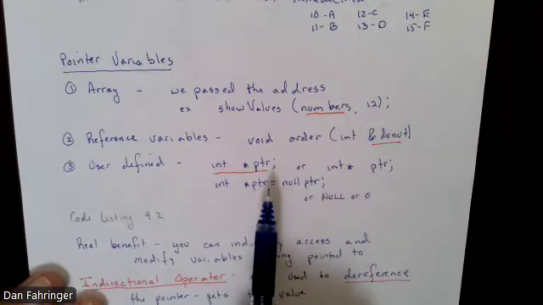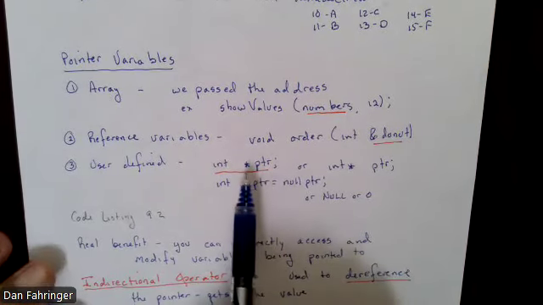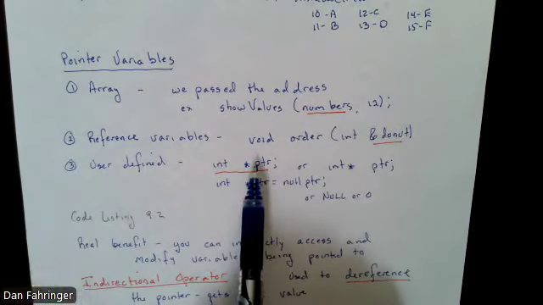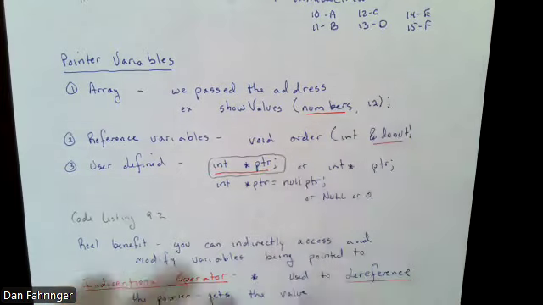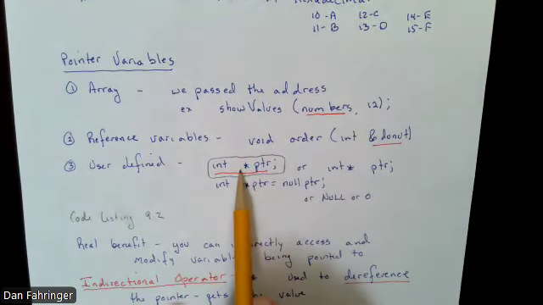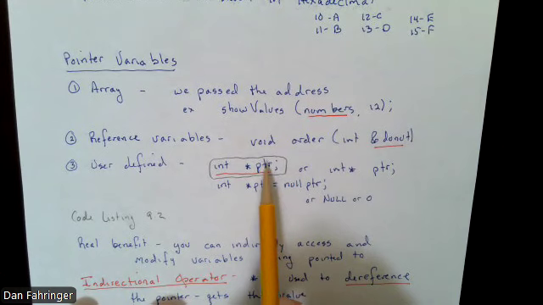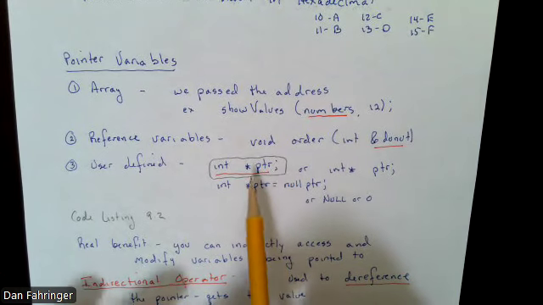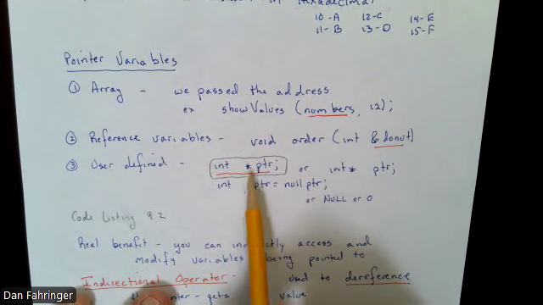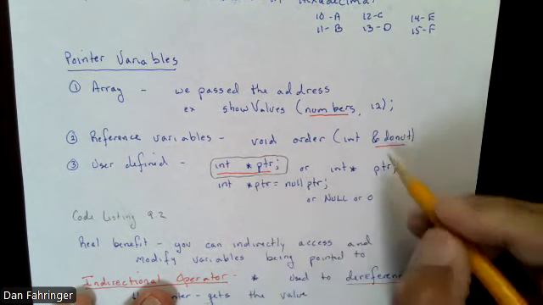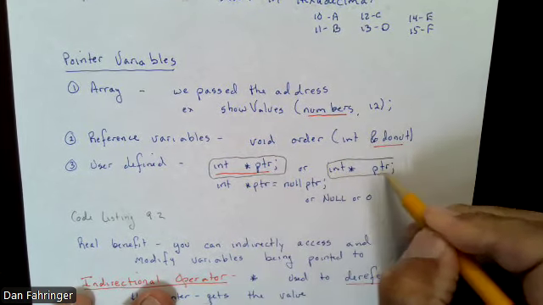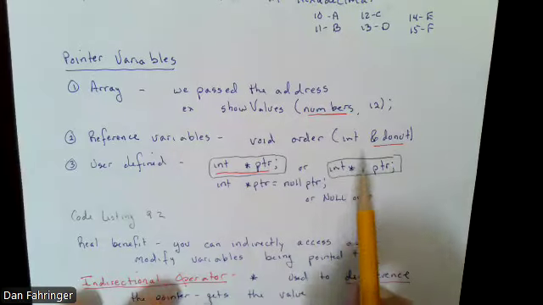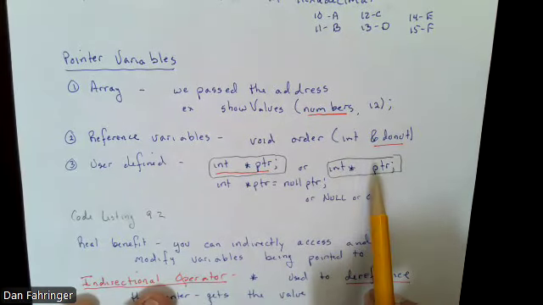So we can create it one of two ways. The first way is the preferred way, and that is integer space this asterisk pointer. Now, this asterisk is going to get used two different ways. Right now, we're using it to create a pointer. We can put the asterisk beside the PTR, or we can put the asterisk after the INT. This is not very common to see.